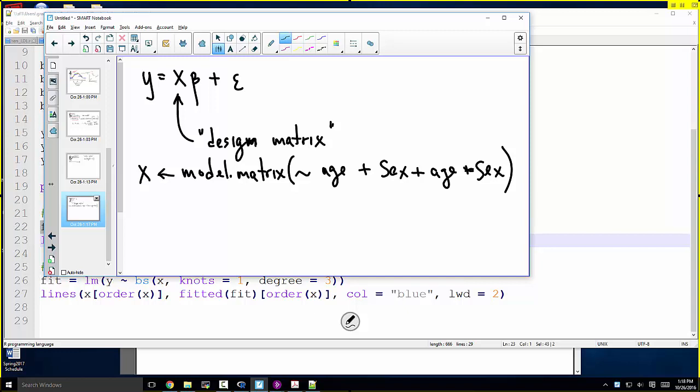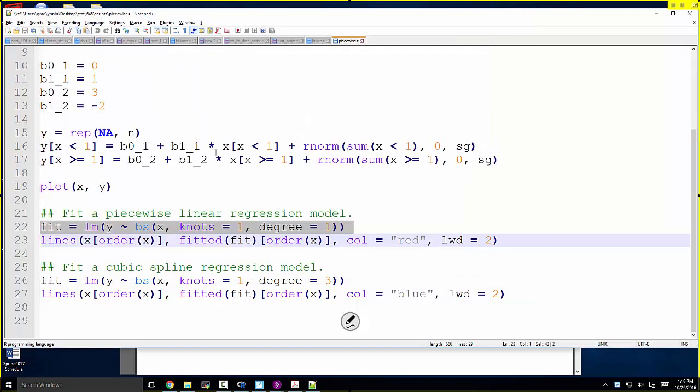When you have one of those, you can fit the model by saying y tilde capital X. That's just another way of using LM. So you can say LM y tilde age plus sex plus age times sex. Or if you have a design matrix, you can just plug in the design matrix. LM knows how to work with both. So here, the highlighted command is of that form.